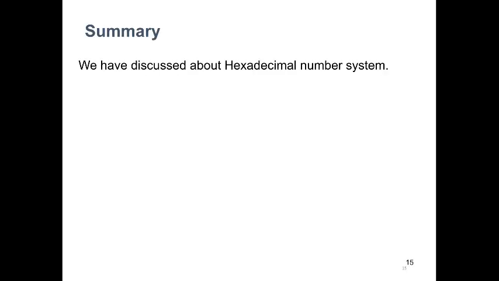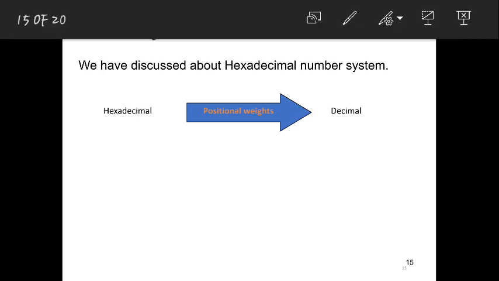So we have discussed the hexadecimal number system. What is the hexadecimal number system? How do we write it and all? Then we converted from hexadecimal to decimal. While converting this, we need positional weights. Have we done this? I guess we didn't, right?